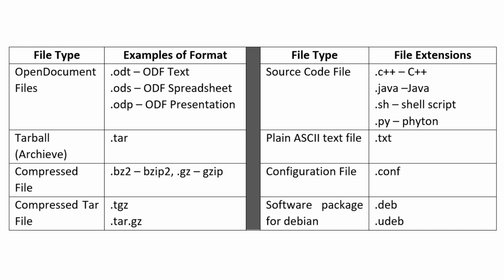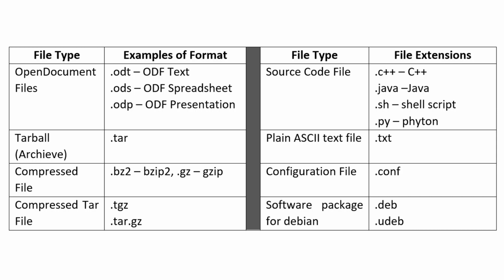For compressed files, examples that we have in Windows are normally .zip, .rar, and we also have the open source app where we use .7zip. In Linux we have ones designed for the Linux system, which are bzip2 and gzip.